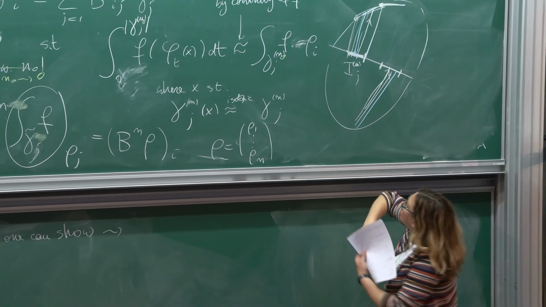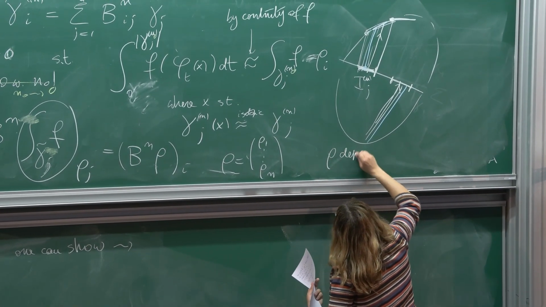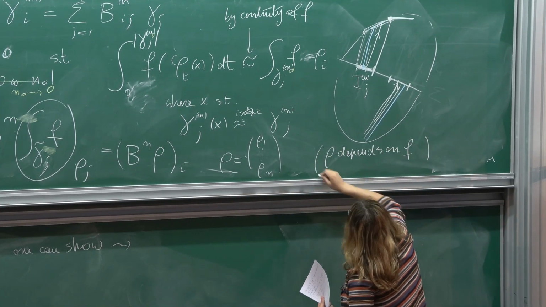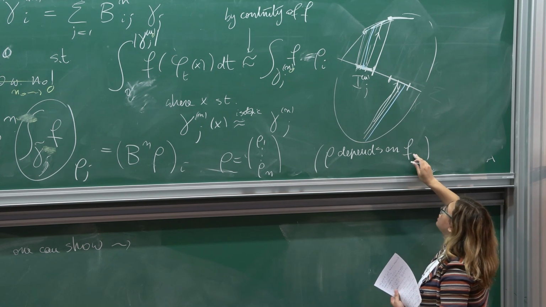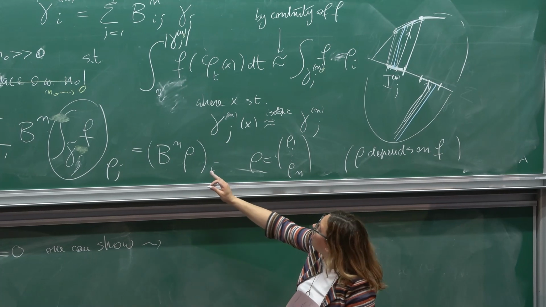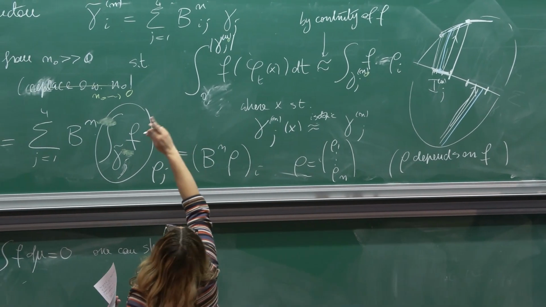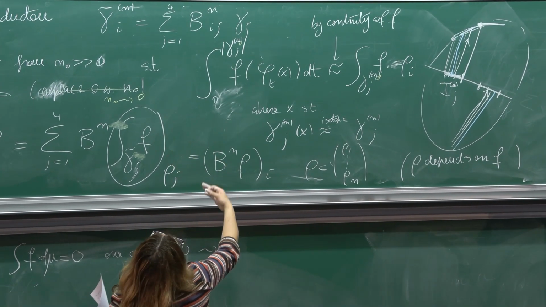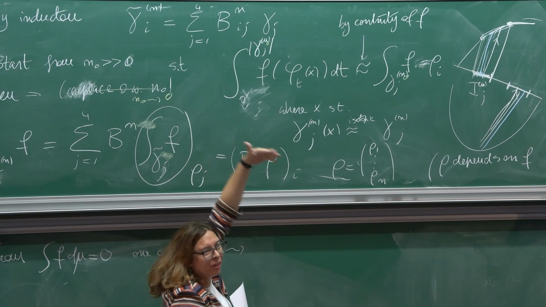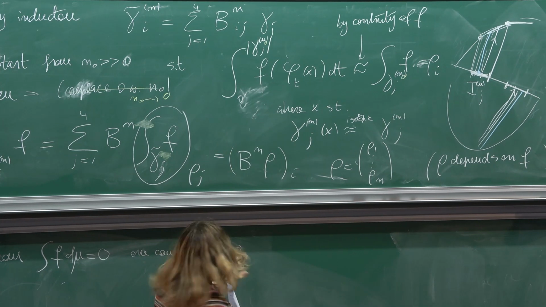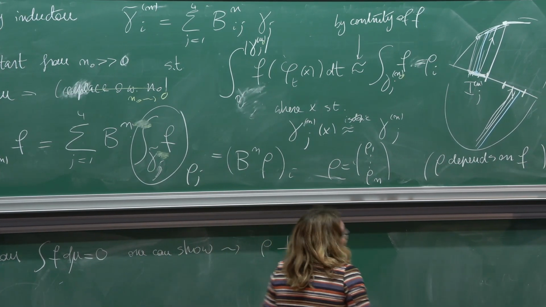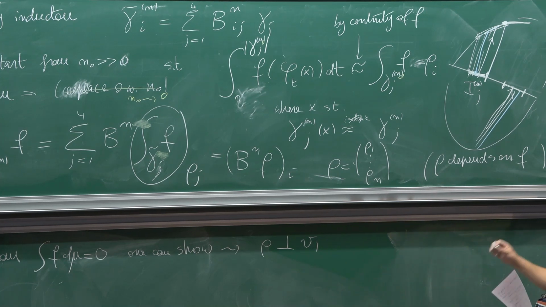So rho depends on f. So f somehow determines rho. And if the function is mean 0, I'm interested in how rho projects on the eigenvectors, because I want to know how fast this grows. So I care if it projects on the positive or negative ones. And you can show that actually rho is orthogonal to V1. So V1 is the Perron eigenvector, the largest eigenvector.